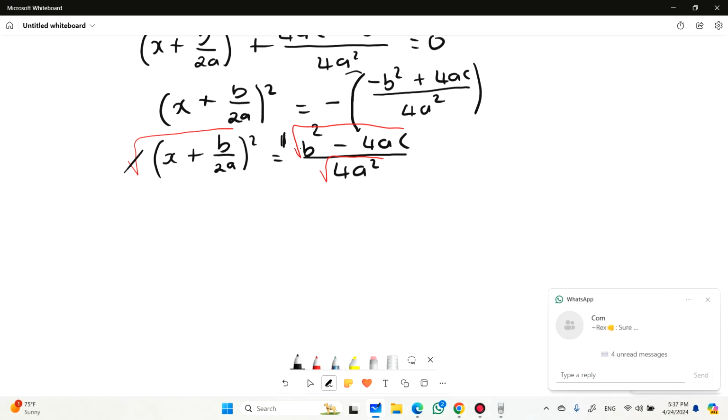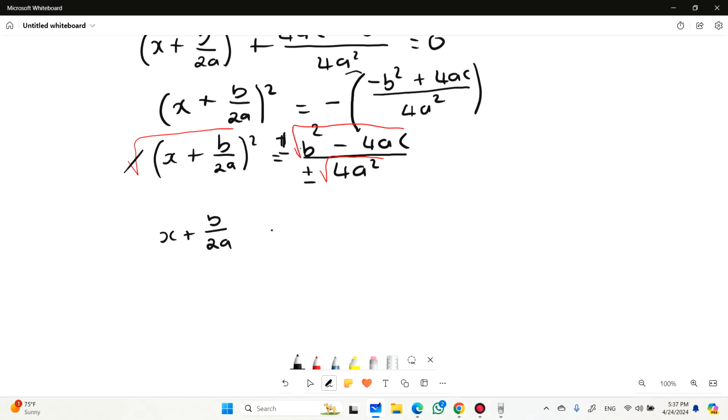Okay, so this will be positive negative, this will be positive negative, and hence I'll have x plus b over 2a, which is equal to, on top I'll have positive negative what? The square root of b squared minus 4ac all divided. Now the square root of 4, that's 2.